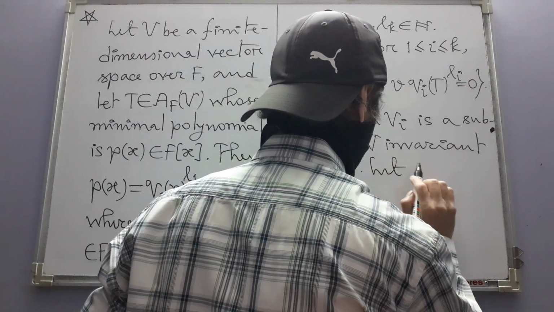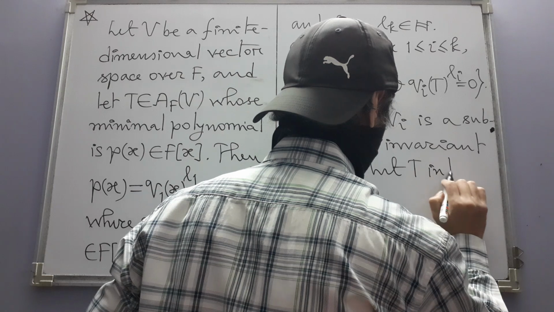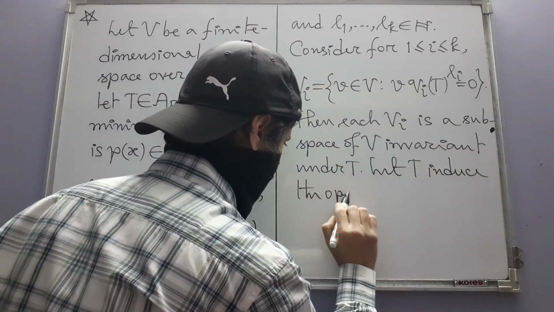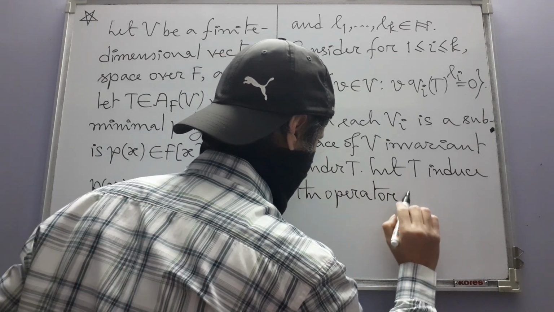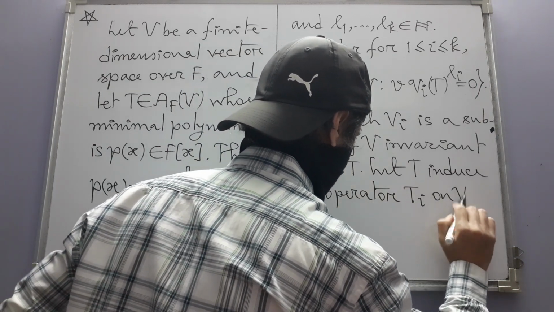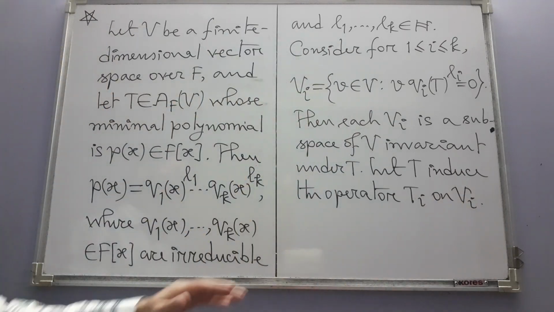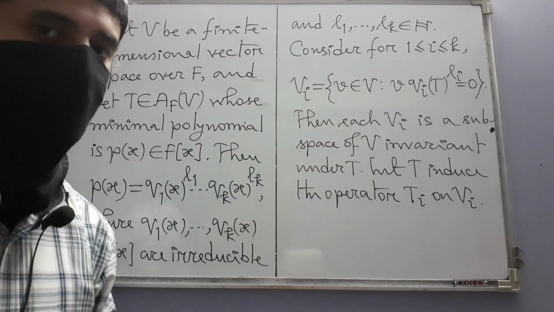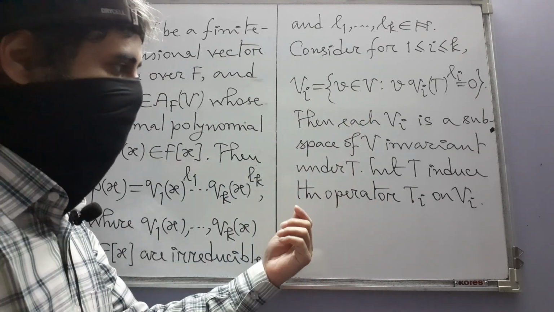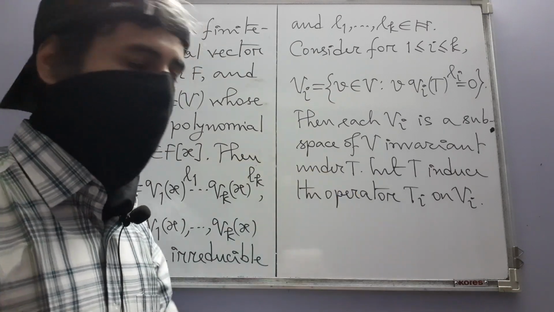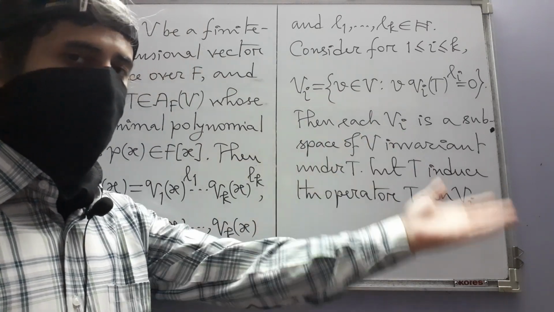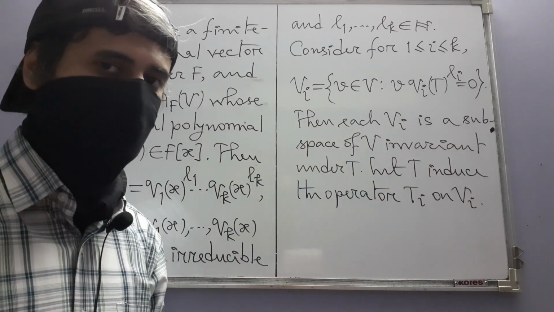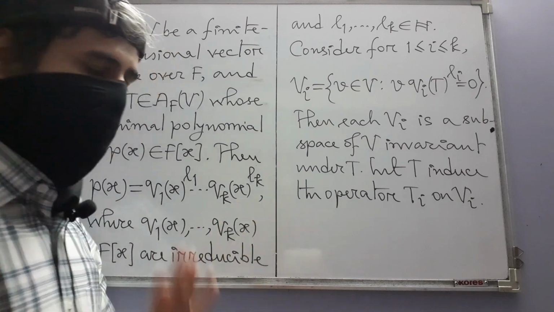And this is how we in fact wrote, let T induce the operator T_i on V_i. Again, I am repeating that this is possible only because each V_i is invariant under T. Otherwise, you may not have an operator that maps V_i into V_i. It may map something out, it may lead you to have some output outside V_i also. Okay, but that's not the case here.